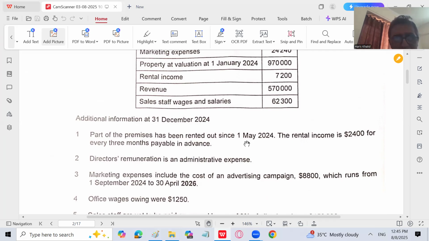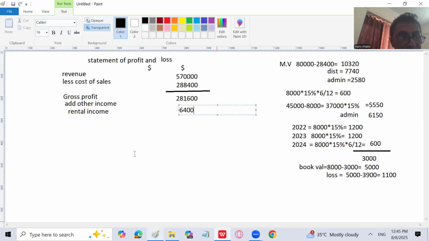So the January income which we have received is basically unearned income. It is the income received in advance. As the income is 2,400 for 3 months, for 1 month of January the income is going to be 2,400 divided by 3, that is 800. So the 800 of the income we have received in advance. So you can do that also.